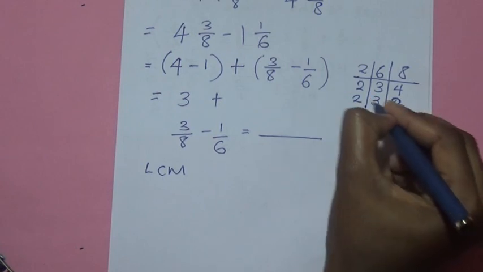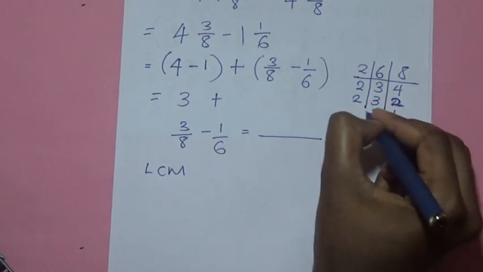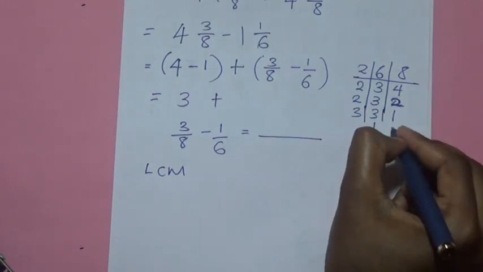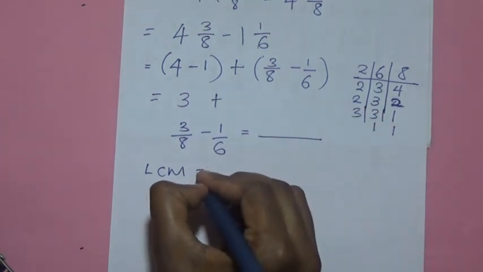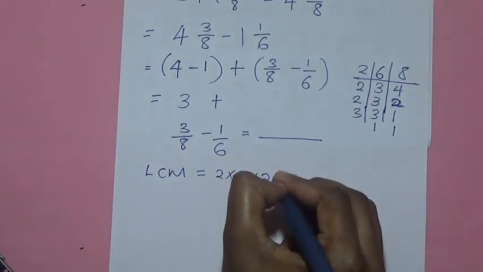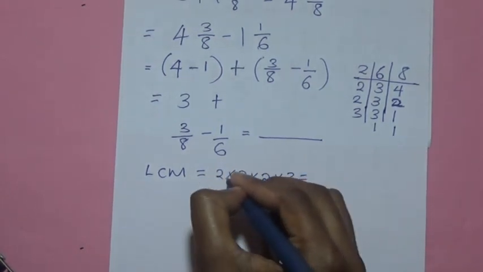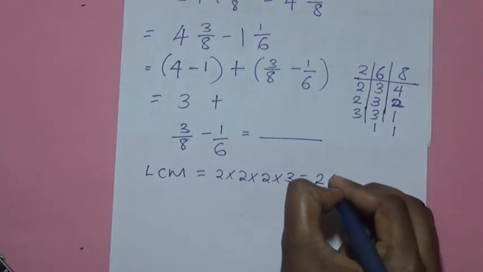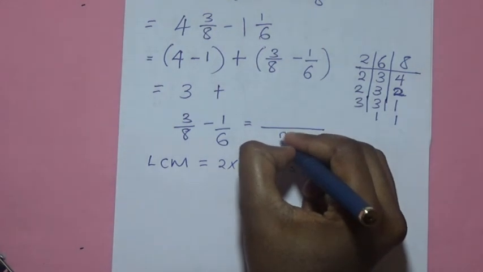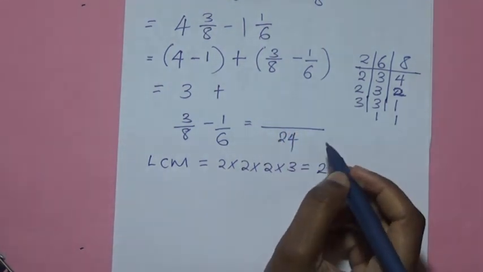Divide by 2 again, we have 3 and 1. And finally, we can divide by 3, we have 1 and 1. So the LCM will be 2 times 2 times 2 times 3. When you multiply this, it will give you 24. So the LCM will be 24.